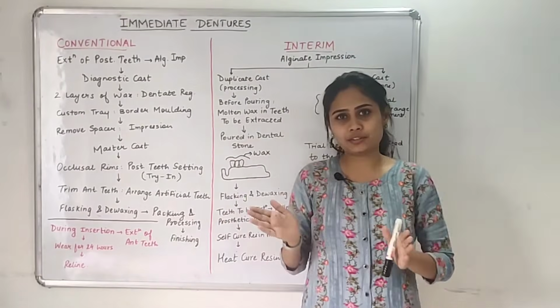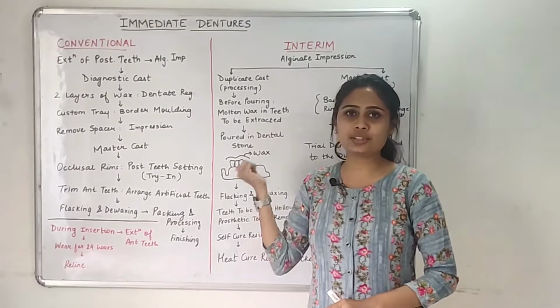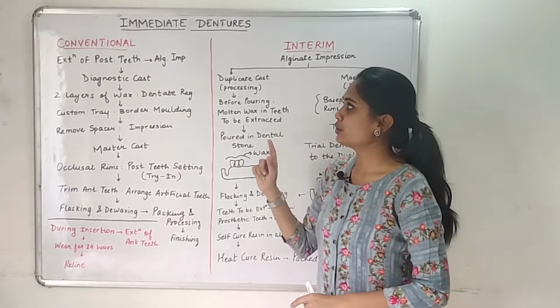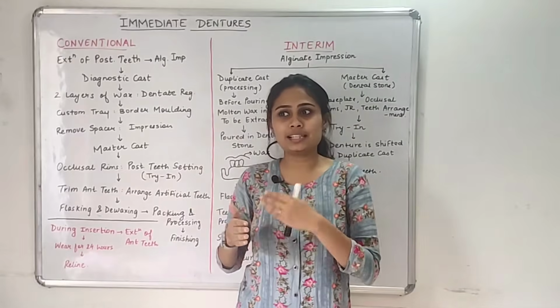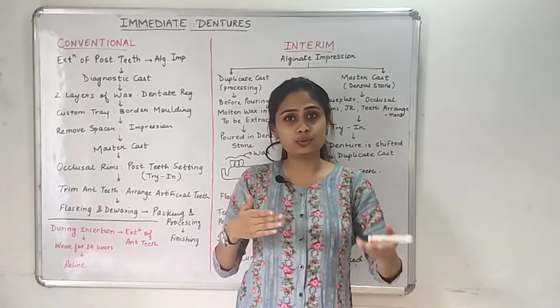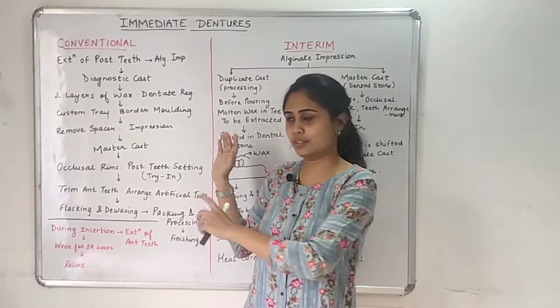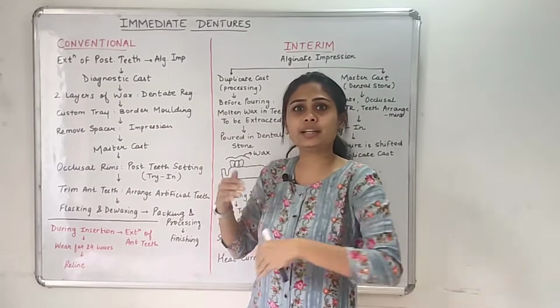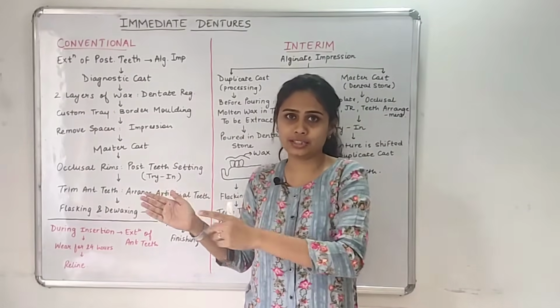So what is the basic difference between conventional immediate dentures and interim immediate dentures? In conventional immediate dentures, these are the dentures which can later be used as a complete denture itself. This denture that we fabricate can be used as a complete denture itself.